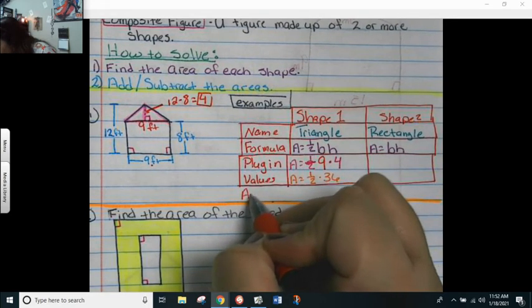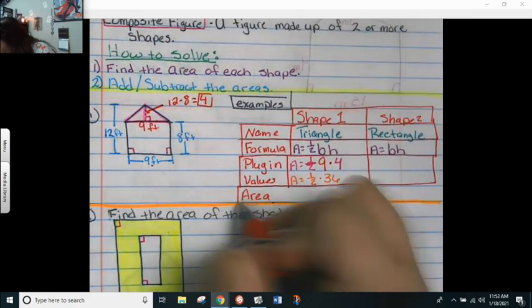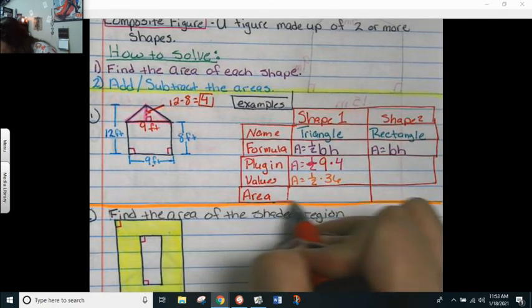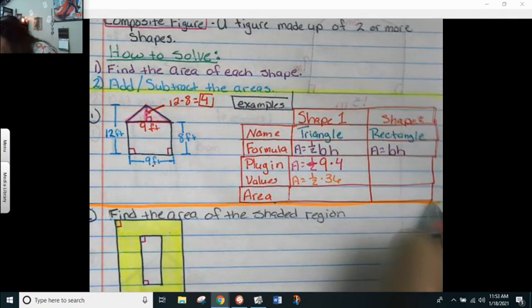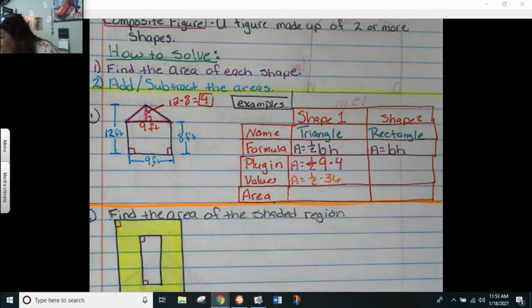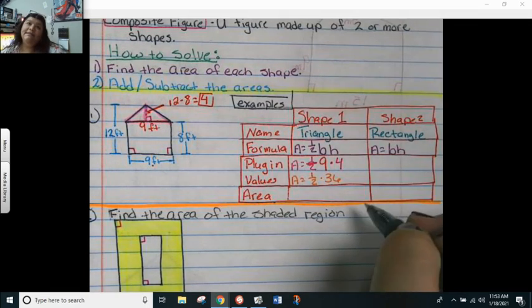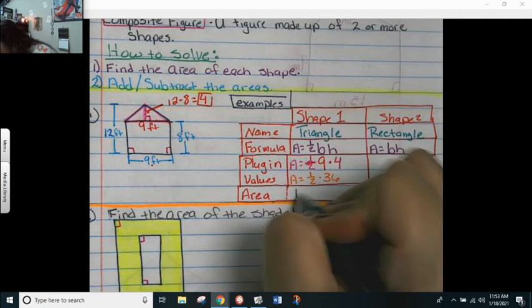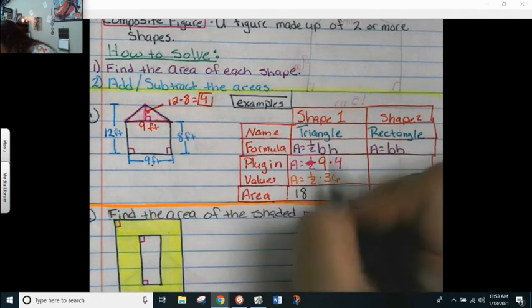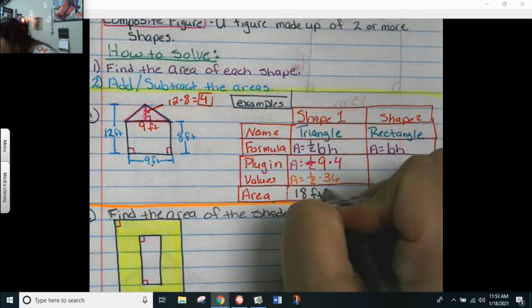And so then the area will be my last column, my last row here. And so the area, 1/2 of 36, that means 36 divided by 2 would give you 18. Okay, so this one is 18 feet squared.